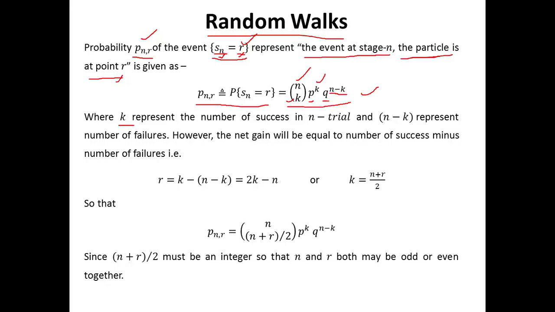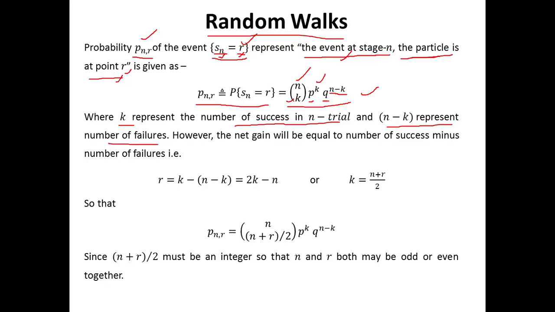Now here k represents the number of successes in n trials, and it automatically means n minus k will represent the number of failures in n trials, and we have just assumed that after stage n the particle is at point r.